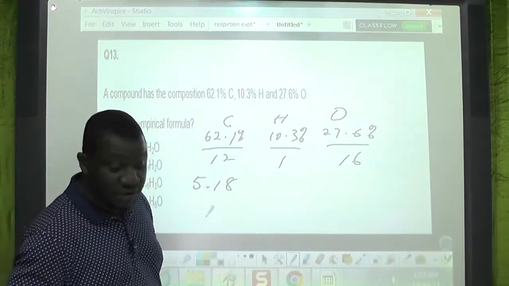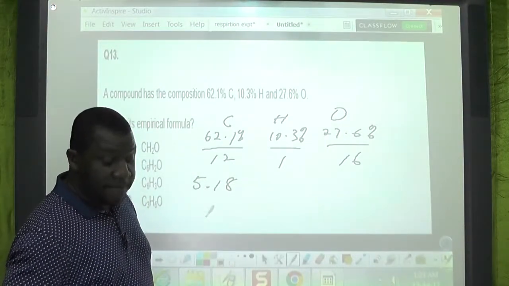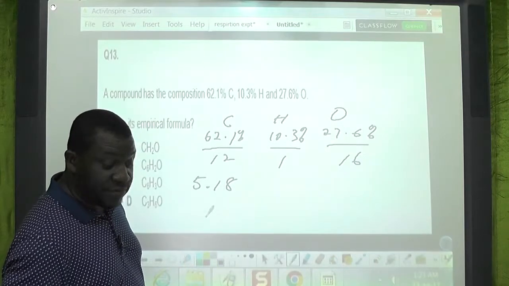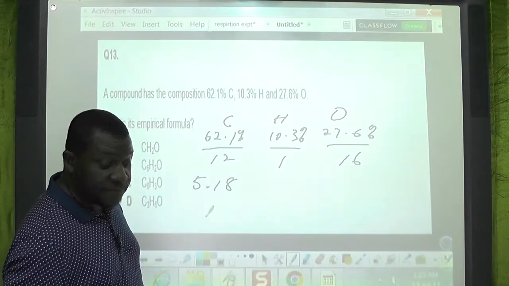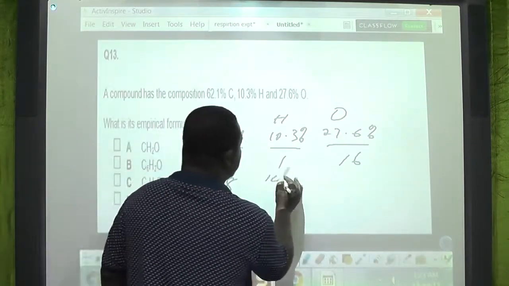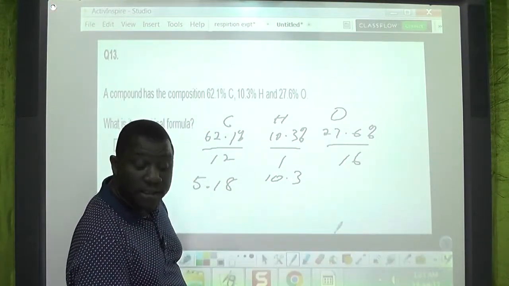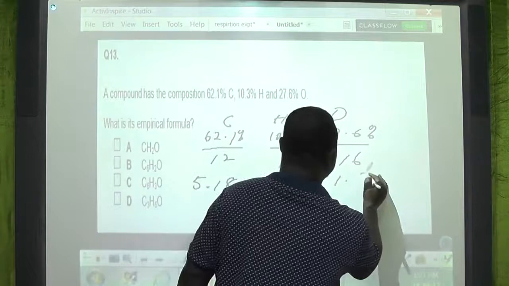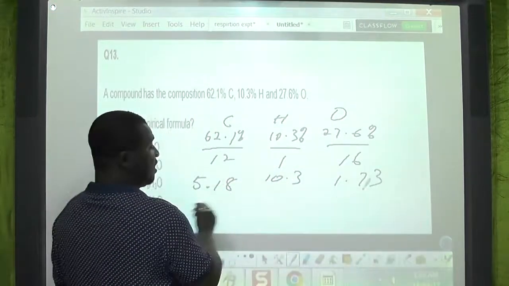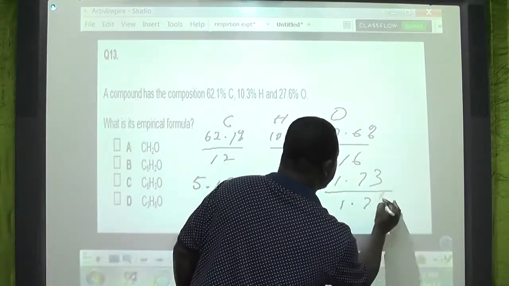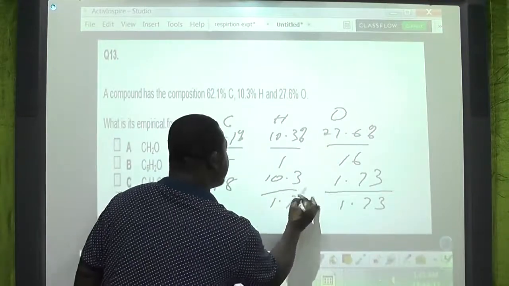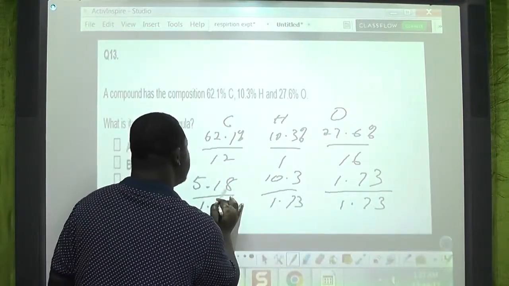Teachers make mistakes with the calculator sometimes because it may be in DEG when I should be working in RAD. So 10.3 gives 1.73, and 1.73 is the smallest. You will see the trick now.